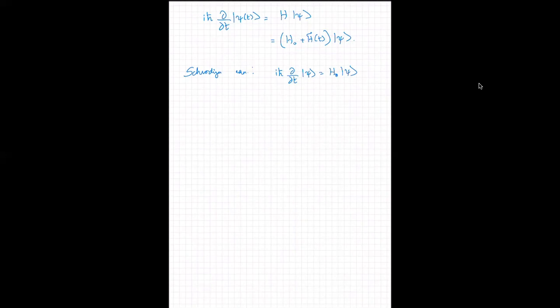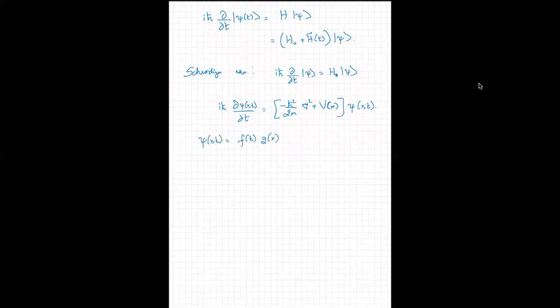Now, you can actually go into the position representation and write this as i h bar d psi of x comma t dt equals minus h bar squared over 2m del squared plus V of x, psi of x comma t, right? And then you claim that psi of x comma t is some f of t and g of x.